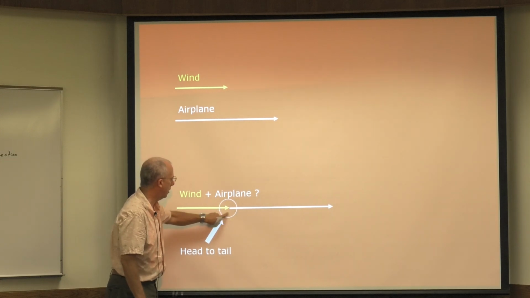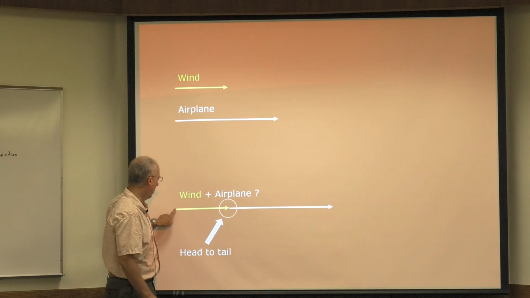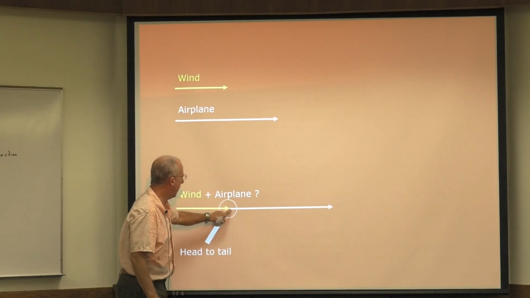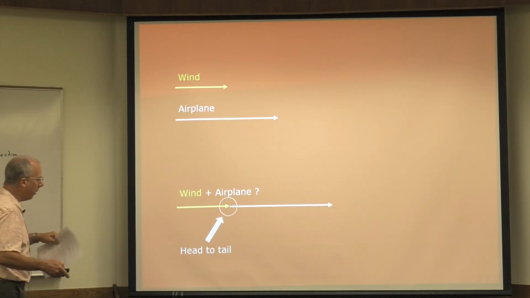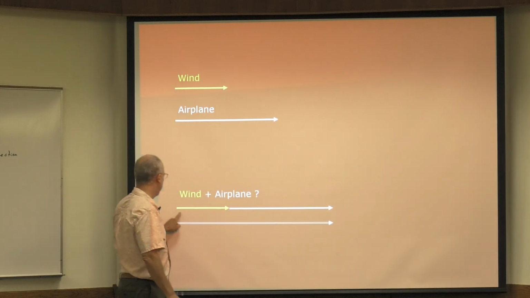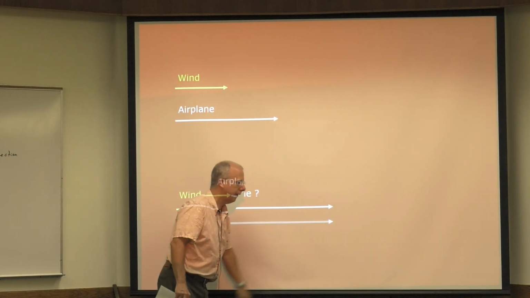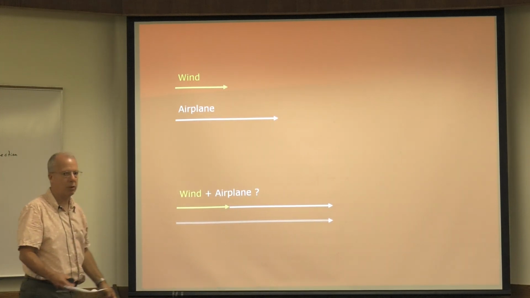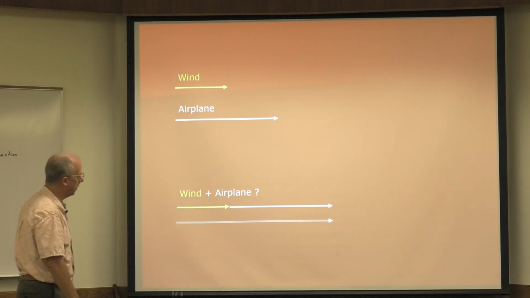So that's what you do. You just think of it as like attaching them. Head to tail. So wind, head, tail, airplane, same direction, right? And so when you add them, the sum is just this whole thing, right? It's kind of like from the beginning of the tail of that to the head of that, all right? It's the whole thing. So as you know, if the wind is with you, you go faster than otherwise.